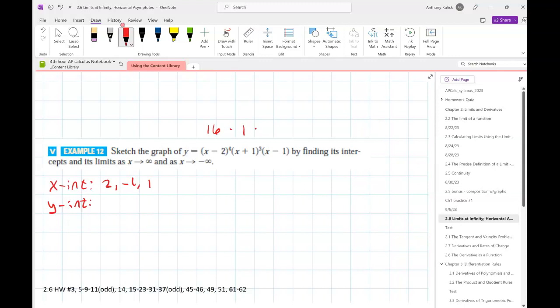And then 0 minus 1 is -1. Everybody's okay there? Okay. And I'm just going to call this thing f of x because I don't want to write it down. It's a lot of stuff to write down.